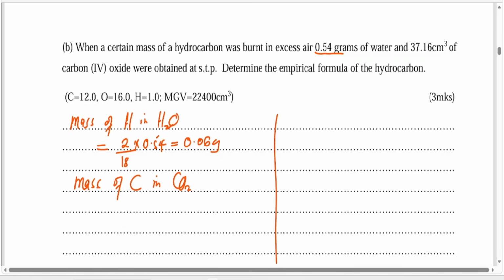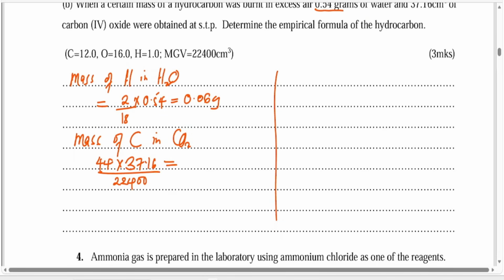Because we are given the volume instead of the mass, we are going to take 44, which is the relative mass of carbon dioxide, multiplied by the volume of carbon dioxide that you are given, then we divide by 22,400.